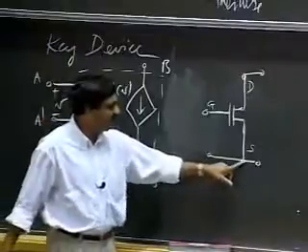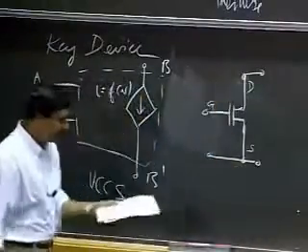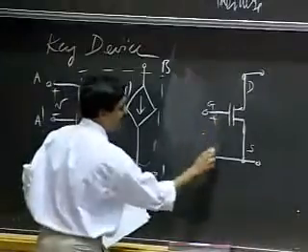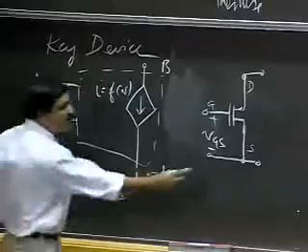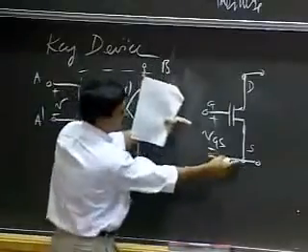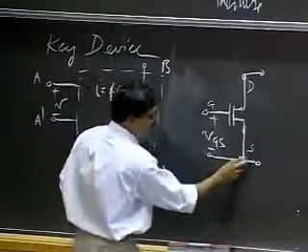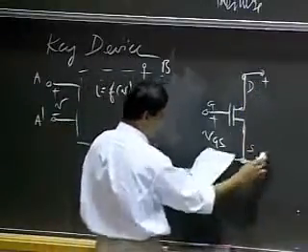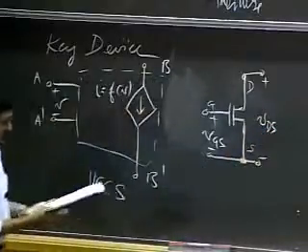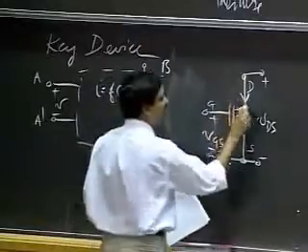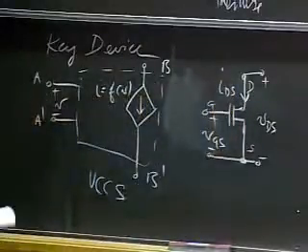I just use this terminal to be common across both the gate and the drain. And so this voltage here is VGS. I'm using the source terminal along with the gate as a terminal pair, and the same source along with the drain as another terminal pair. So I have a VDS out there, and I have some current IDS that flows out here.